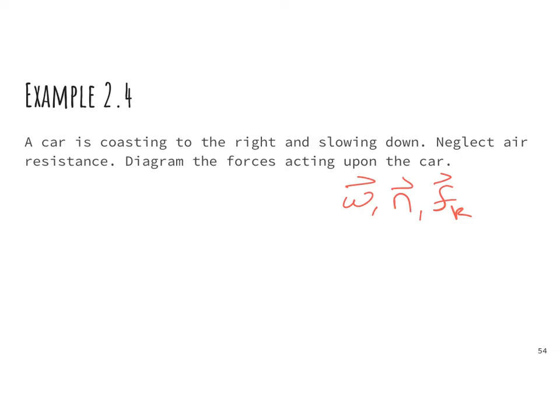So let me show you what I mean when I draw a free body diagram. Okay, so here's my dot, my particle. The weight is straight down. The normal force is straight up. And it's moving to the right, but it's slowing down, which means that there's friction opposing motion. I'm going to put that right there, the force of kinetic friction. Kinetic, of course, meaning in motion.